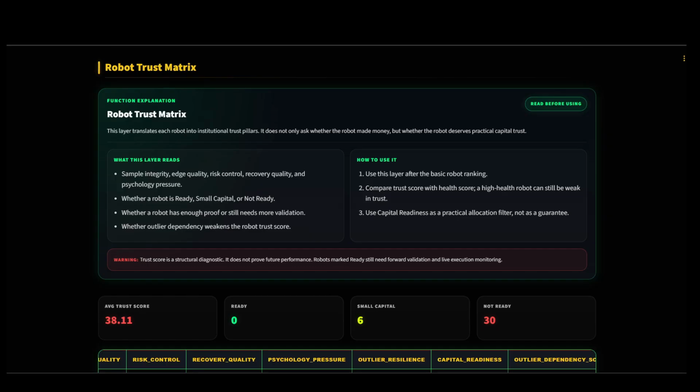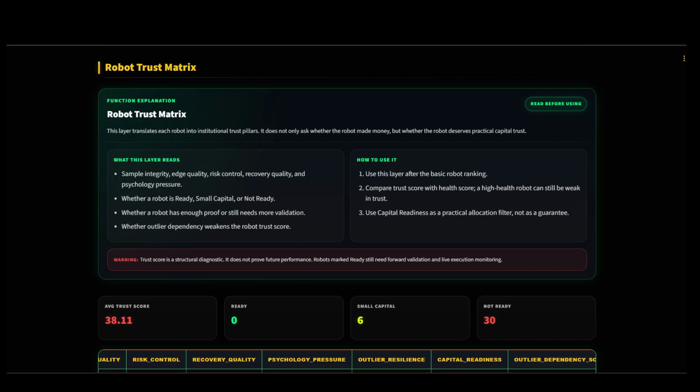So this layer starts evaluating things like sample integrity, edge quality, risk control, recovery structure, psychology pressure, and overall consistency inside the robot behavior. And this is important, because a robot can still look profitable while the underlying trust quality remains weak. So the workflow is no longer asking, can this robot make money? It is asking, would I realistically trust this structure with serious capital exposure?